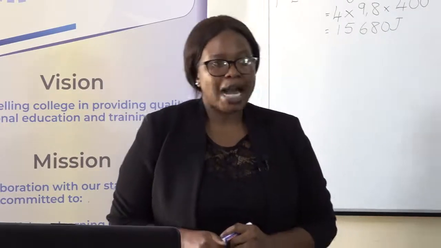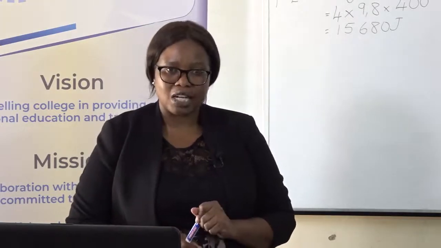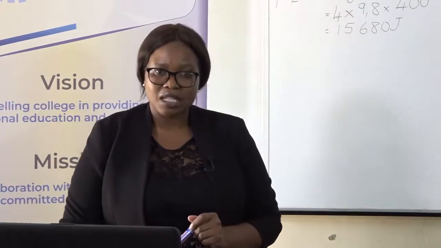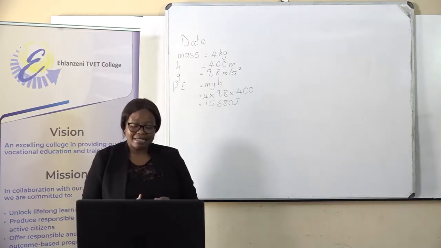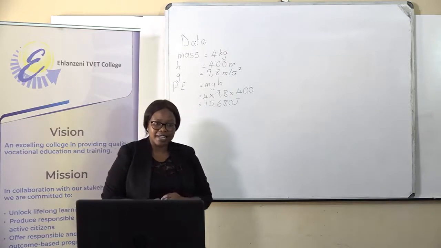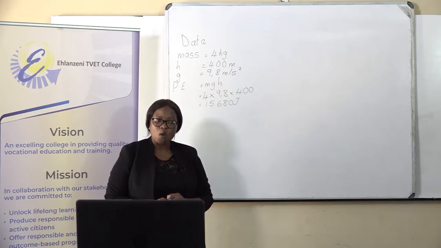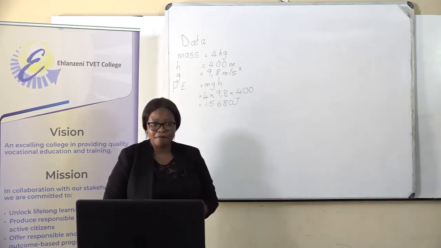So here we are going to apply the law of conservation of energy, which states that energy cannot be created or destroyed, but it is transferred from one form to another. So in this regard, we are going now to first find the potential energy at the ground level. In the first question, we calculated potential energy where our height was 400.